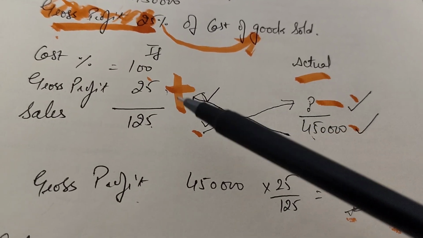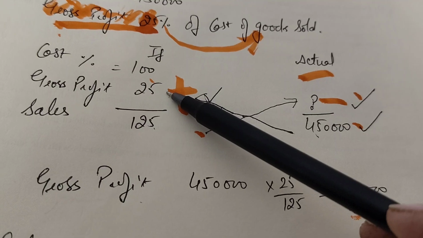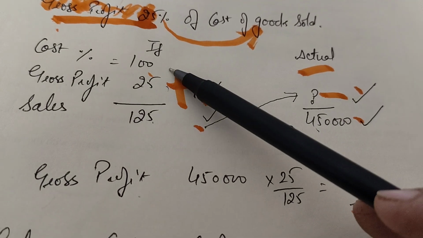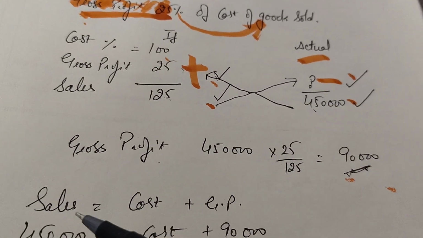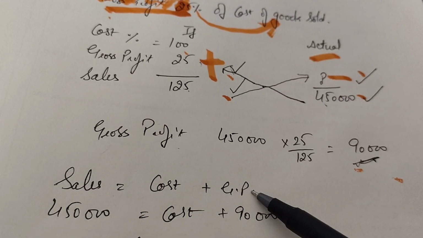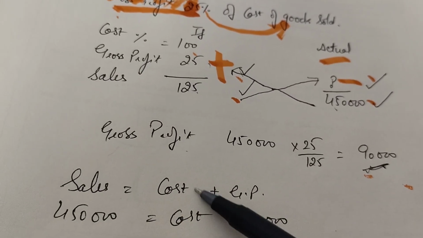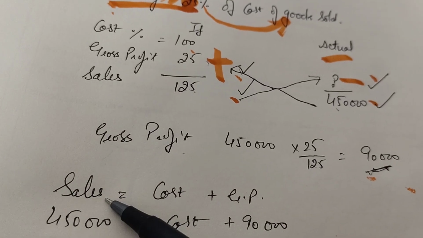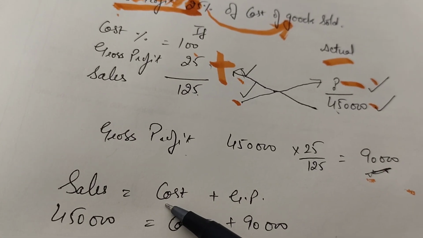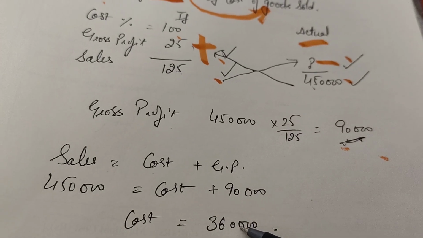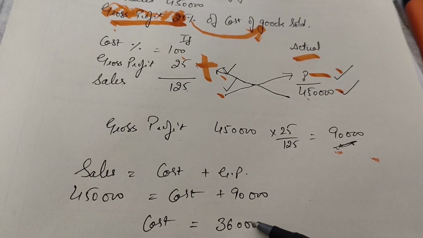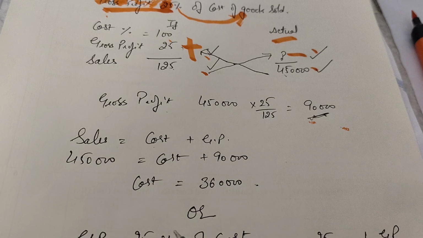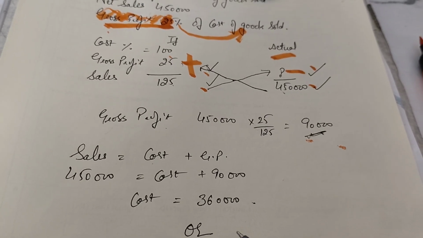If the actual GP is 90,000, then what would be the value of the cost? That is sales minus GP, which will give you the value of your cost, and the cost here is 3,60,000 rupees.